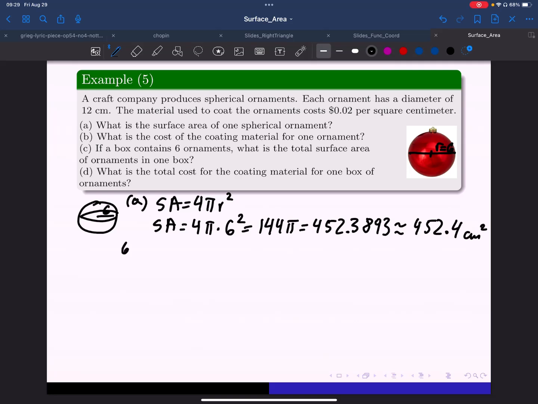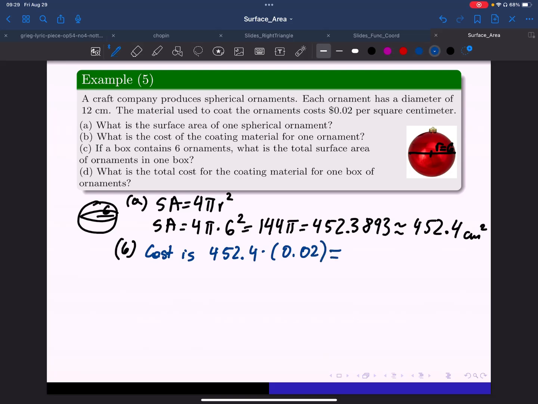Part B, the cost would be, we multiply my surface area times the cost per 1 square centimeter. So the cost is 452.4 times 0.02.